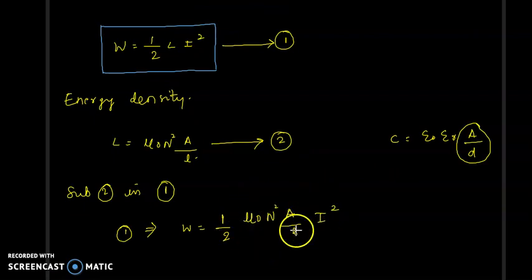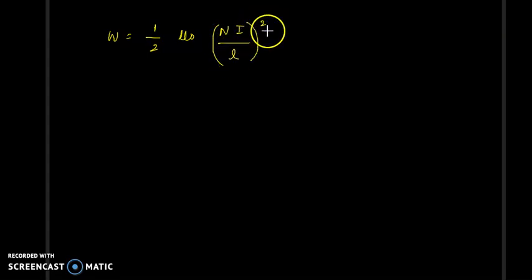Now we can rearrange this expression as W equal to half mu naught N I by l whole squared, multiplying by l to balance it, and A. So N I by l is the expression of magnetic field intensity H. H equal to N I by l.